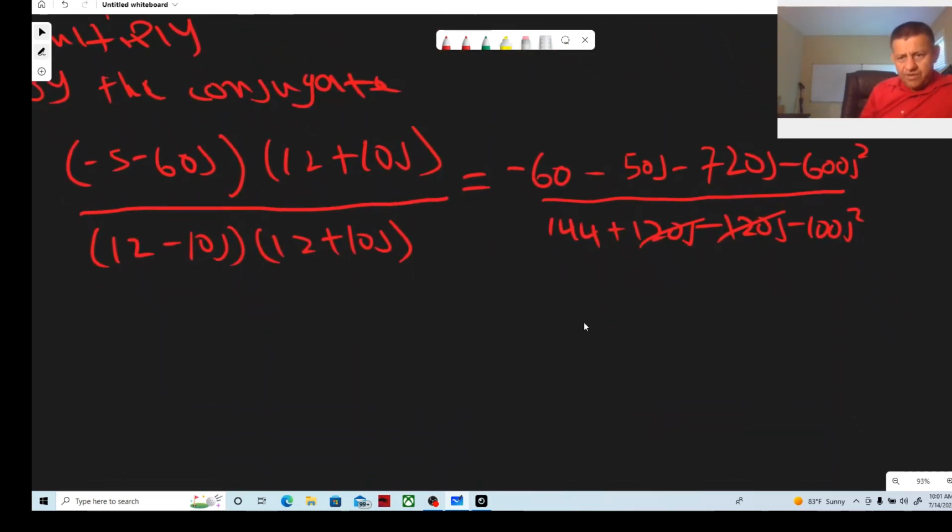So we can simplify something on the top too. On the top, I can actually combine this and this, right?